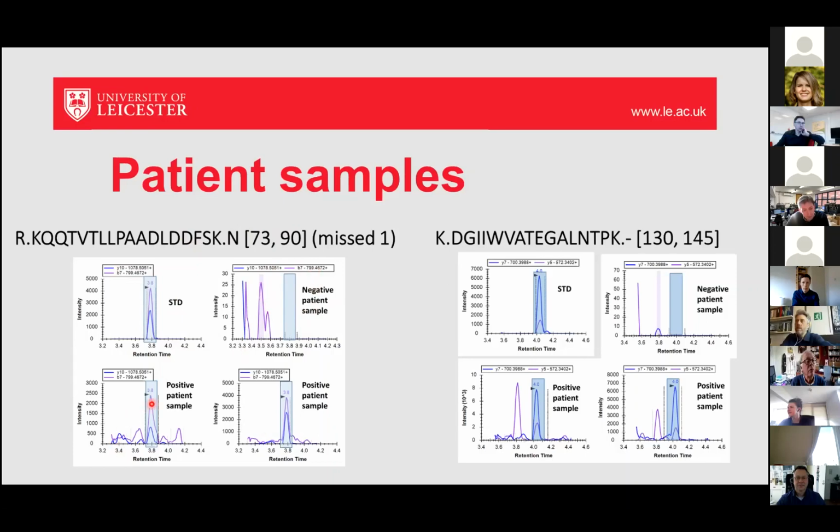And for patients who are positive by PCR, we can see this particular peptide present. And the same story is true for the DGI. So now we can show with the optimized method, with an 8-minute runtime, we can pick up a number of peptides. I'm just showing 2 as examples.